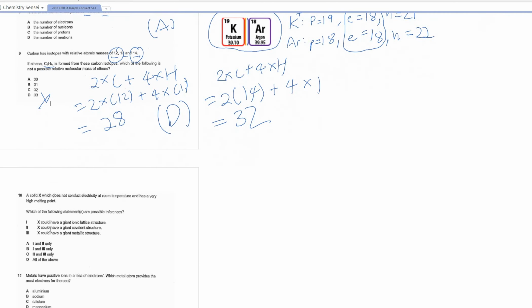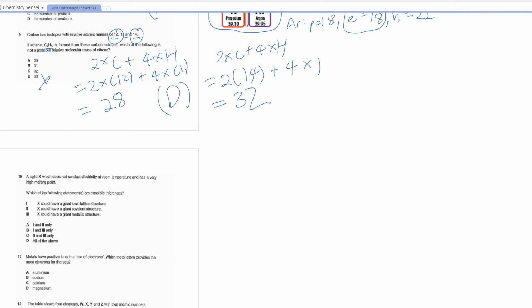Okay, for question 10, a solid X does not conduct electricity at room temperature and has a very high melting point. Which of the following statements are possible inferences? Option 1, X could have a giant ionic lattice structure.